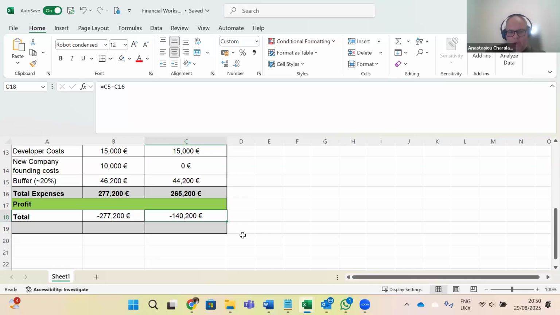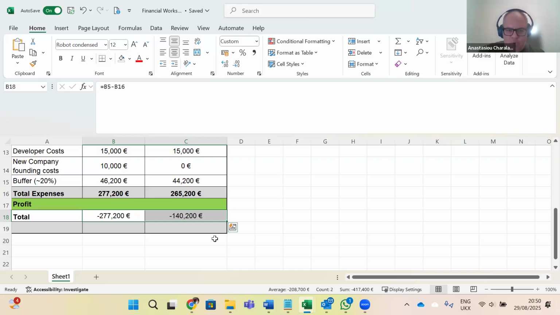Now, when you add these two numbers up, that's your gap. It's what you're missing. Obviously, you cannot run a business with negative money. So this is what justifies what you're asking for in investment.